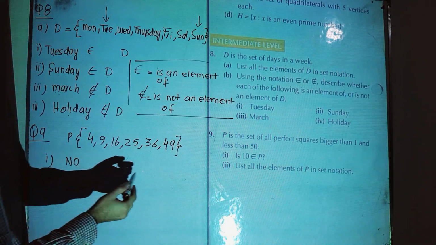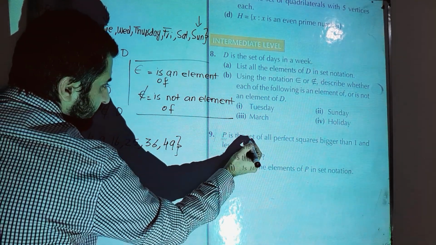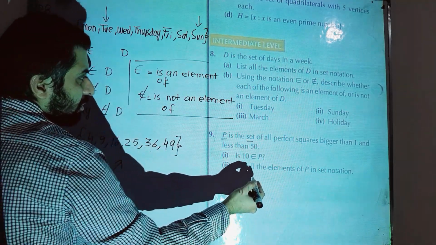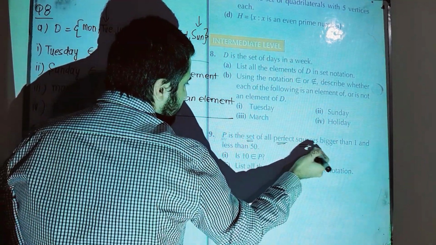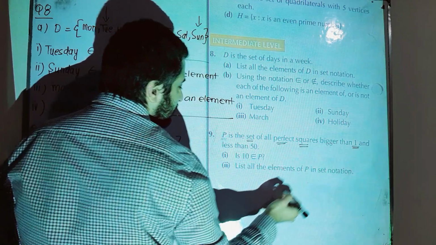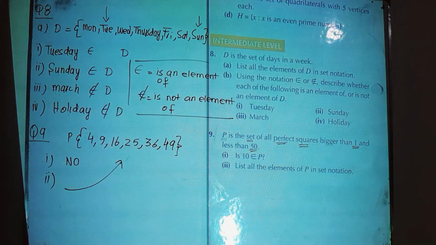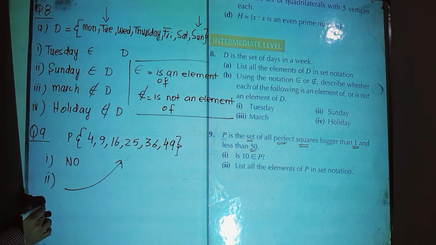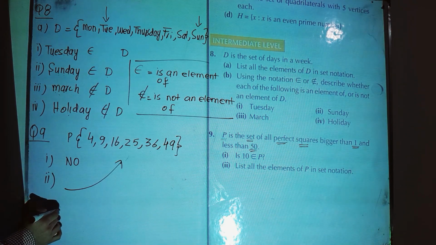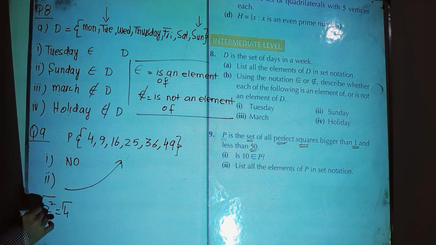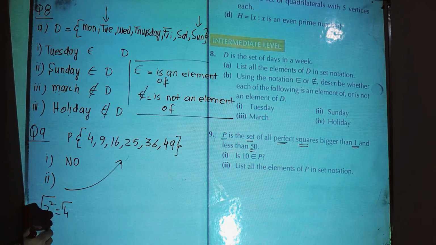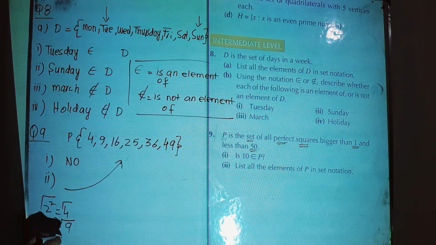Question number 9: P is a set of all perfect squares bigger than 1 and less than 50. What is a perfect square? Suppose 2 square is 4 and you can take the square root of it. So 4 is a perfect square. 3 square is 9. 9 is a perfect square. If you can take the square root of that, you will get a whole number.